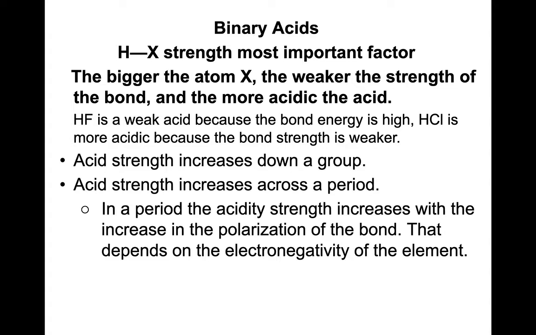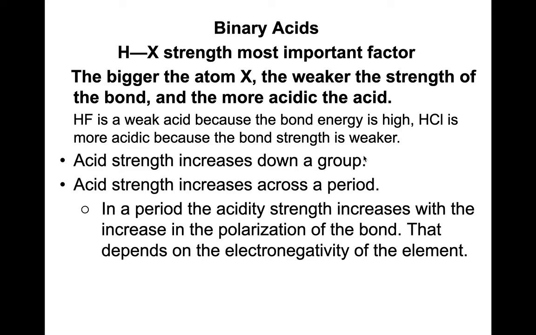So for example, hydrogen fluoride is a weak acid, hydrofluoric acid, because the bond energy is very high. Even though these are very polar, very electronegative, it's a very strong bond, and so it doesn't completely dissociate in water, meaning it's a weak acid. Hydrochloric acid, on the other hand, is more acidic because it's got a weaker bond strength, and so it does completely dissociate in water, making it stronger.